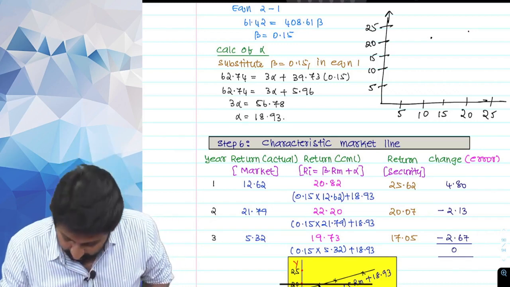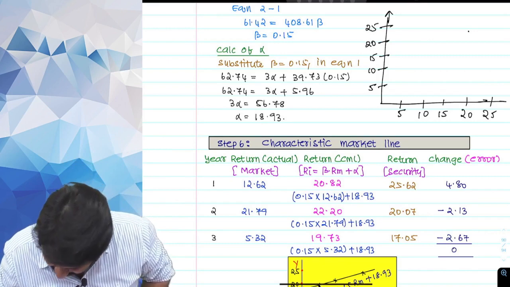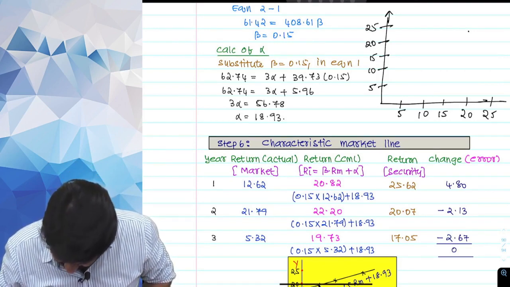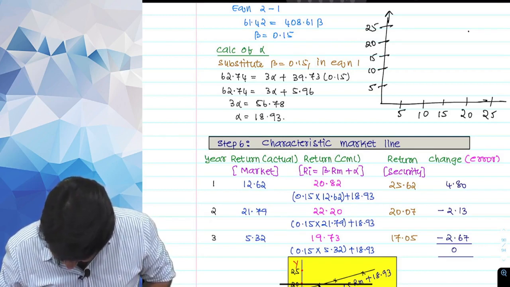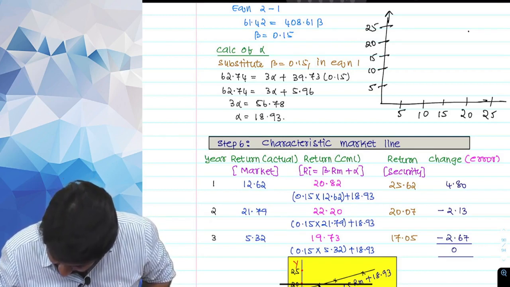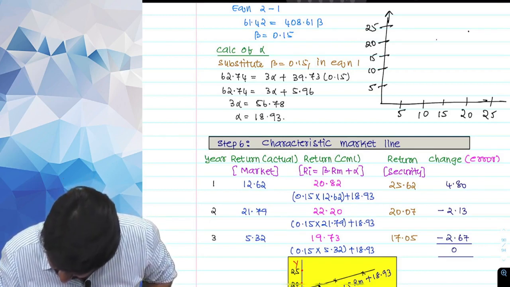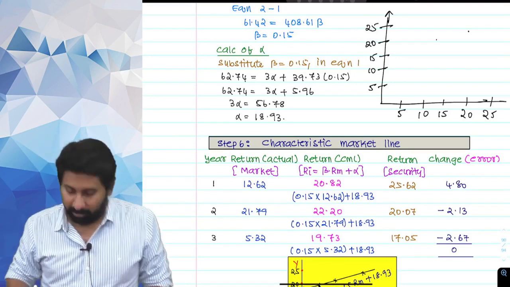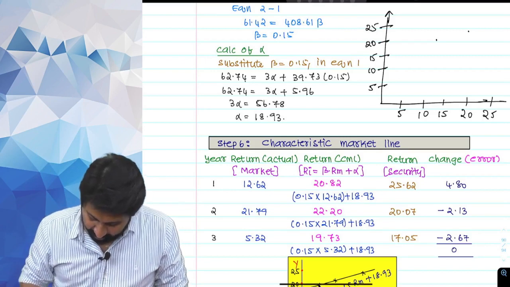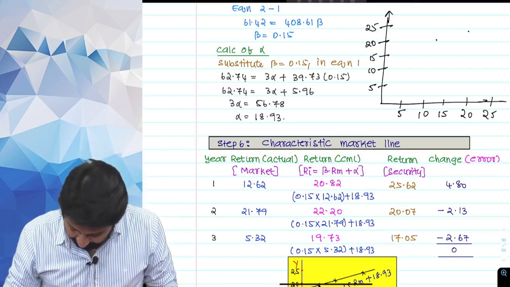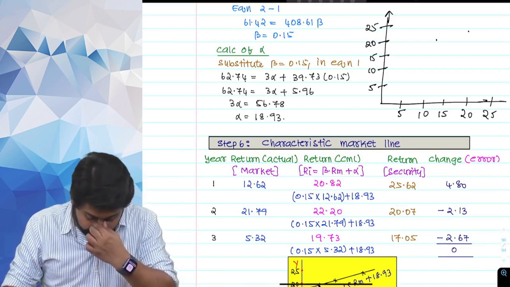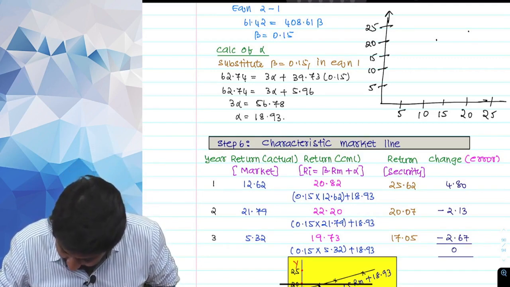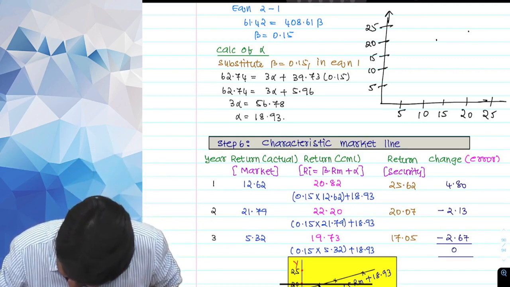Okay, so first one 12.62, 20.82. Okay, now third one 5.32 and 19.73.